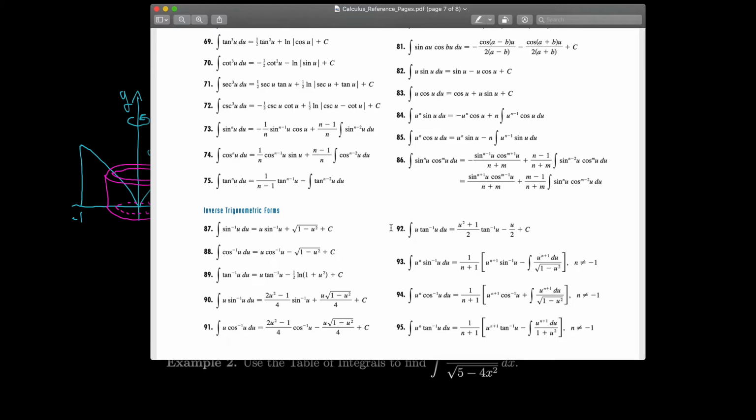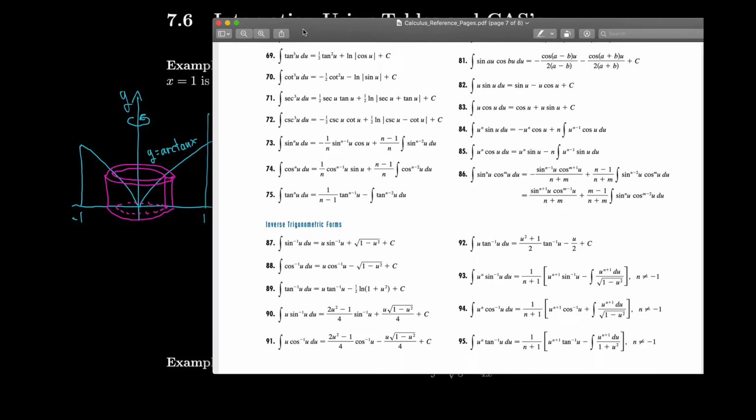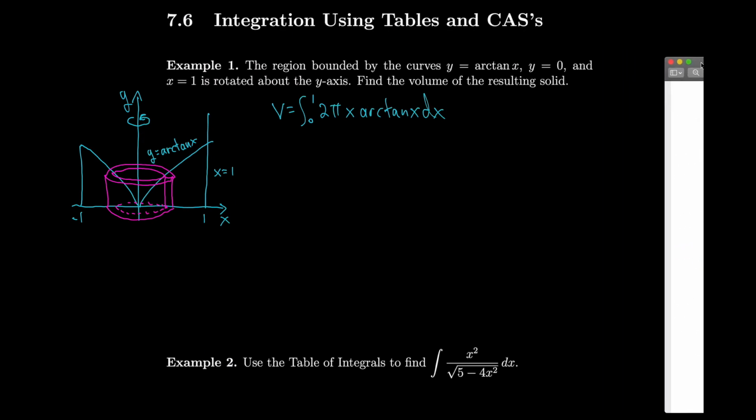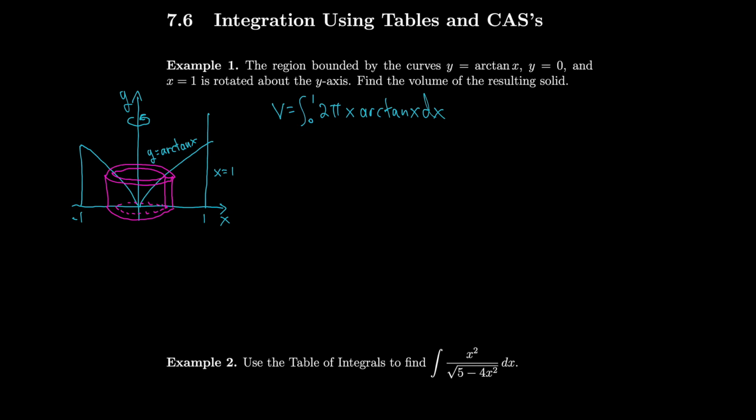It looks like the integral of something times tan inverse is something squared plus 1 times tan inverse minus something over 2 plus c. So let's use that. Let's repeat what formula 92 said really quick.